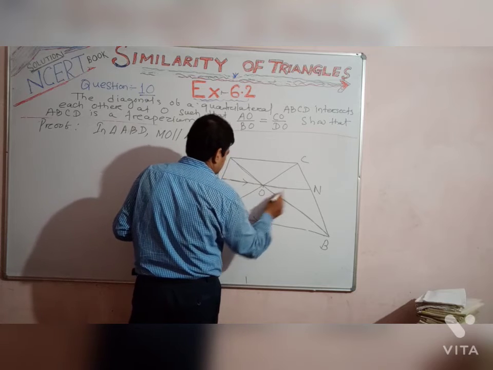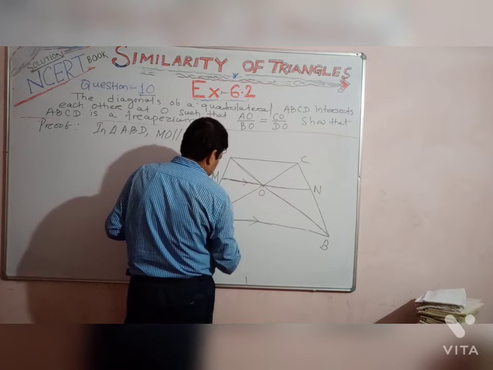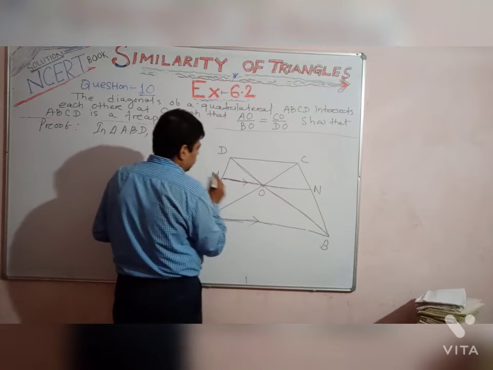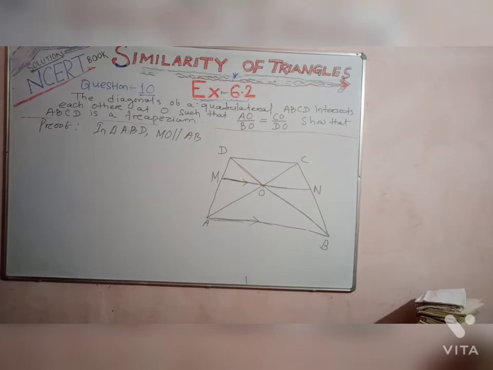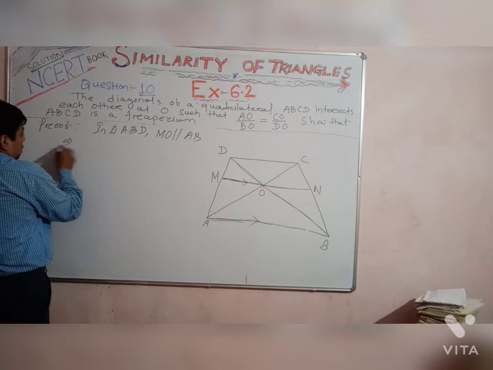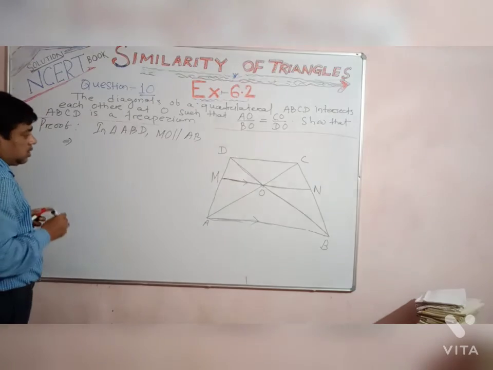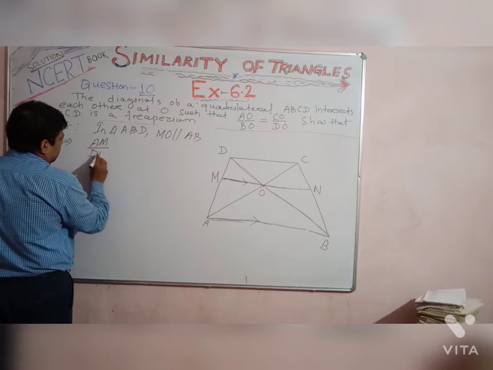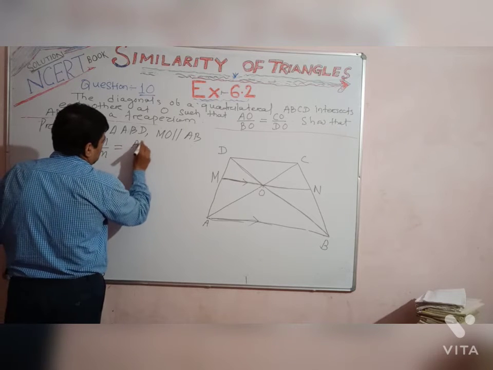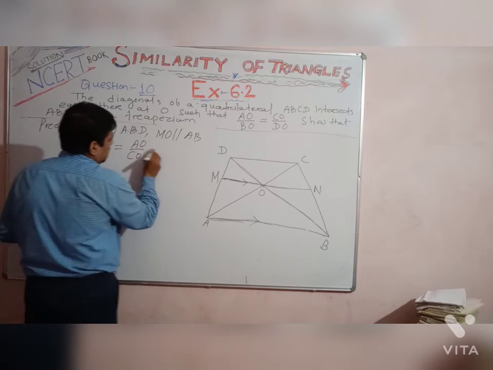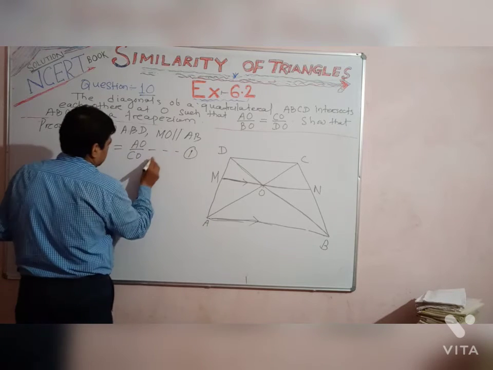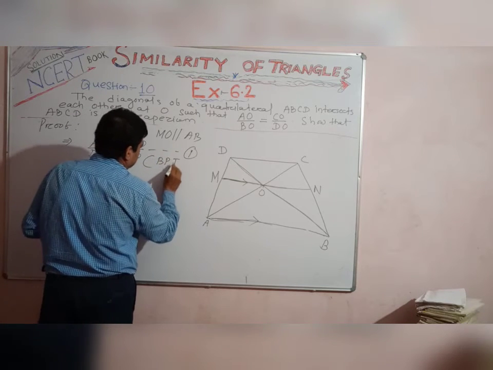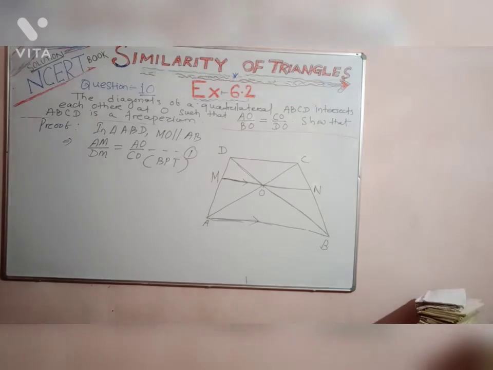So since MN is parallel to AB, MO is also parallel to AB, because MO is a part of MN. So you can use the basic proportionality theorem. So what do you use? AM upon DM is equal to AO upon CO by BPT, by the basic proportionality theorem.